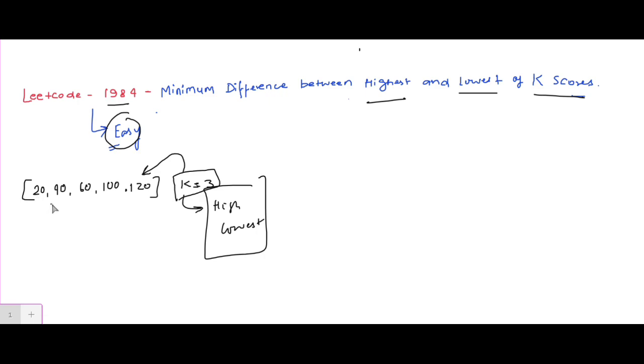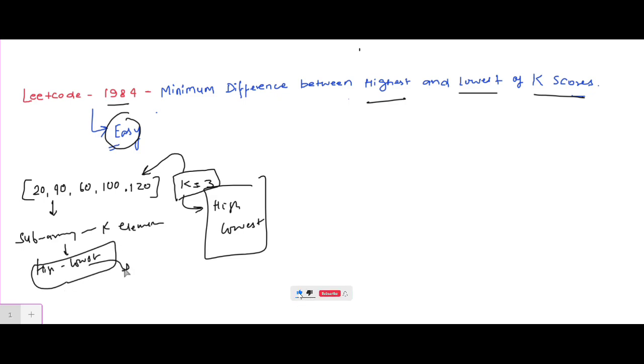It means in simpler terms we have to create a subarray from this array that contains k elements. And for each subarray we have to take the difference between its highest and lowest element. So whatever answers we get from all these subarrays, we have to return the minimum of them.